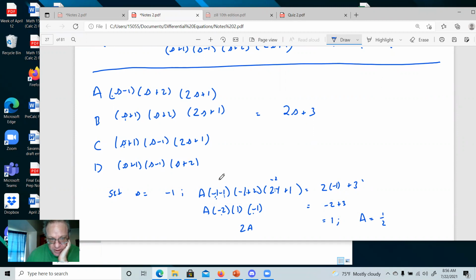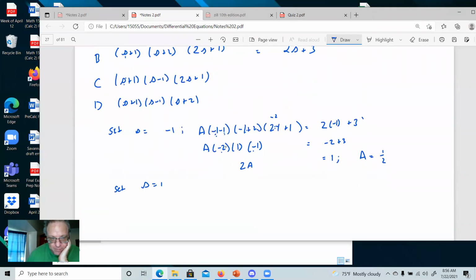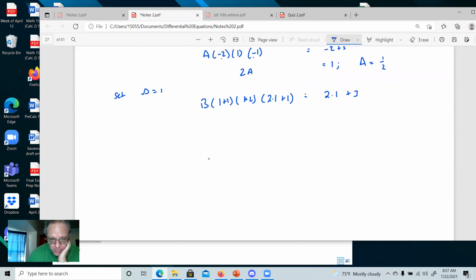The d term goes away, it's 0. Okay. So we're going to have b times 1 plus 1, 1 plus 2, and 2 times 1 plus 1. On the other side, we have 2 times 1 plus 3.